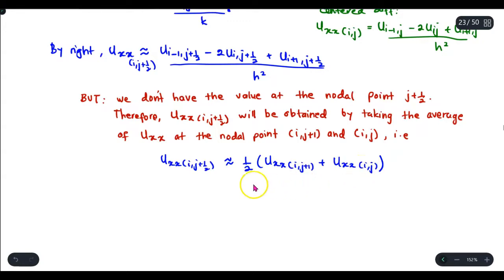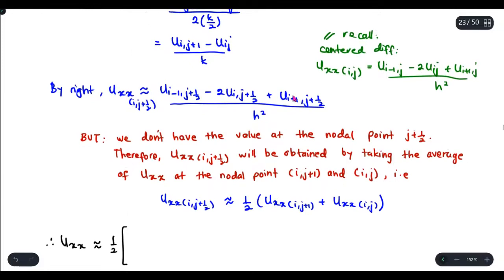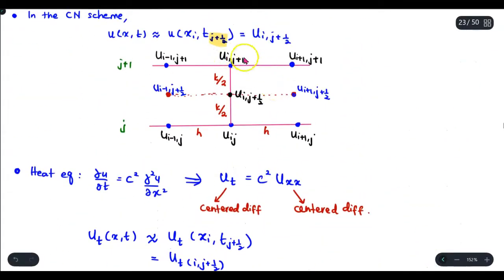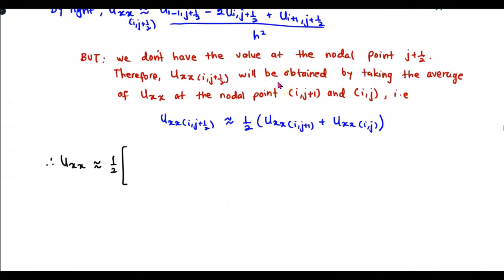So what do we have? Therefore u_xx is now approximately 1 over 2 and then you have a big bracket here. So you see this u_xx at (i, j+1). How do you find the second derivative at this point? By using the centered difference formula. So it is the left node minus 2 times the middle node plus the right node over h squared.